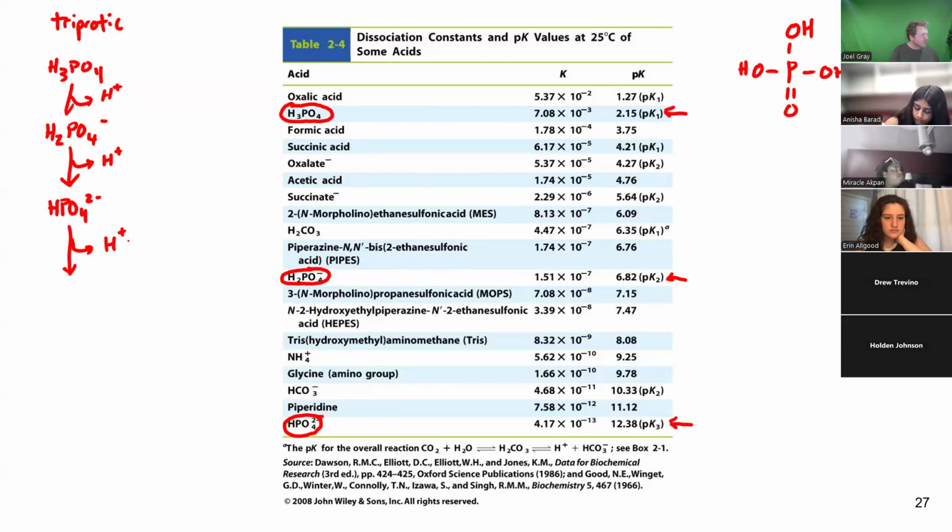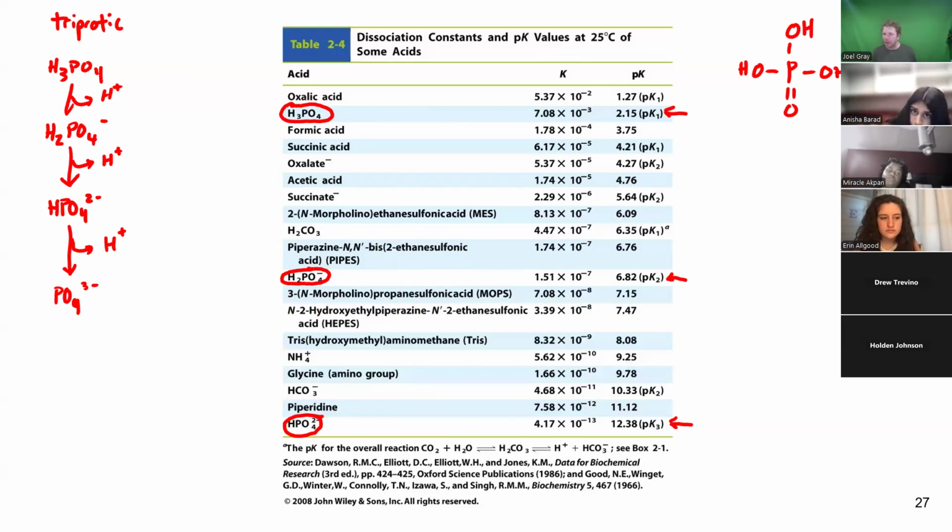It loses its last proton, and that is PO4 3 minus. So we have 4 versions of this molecule and 3 protons that it can gain or lose.